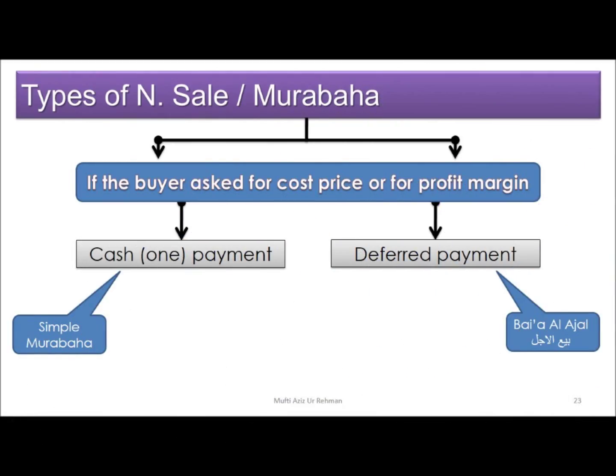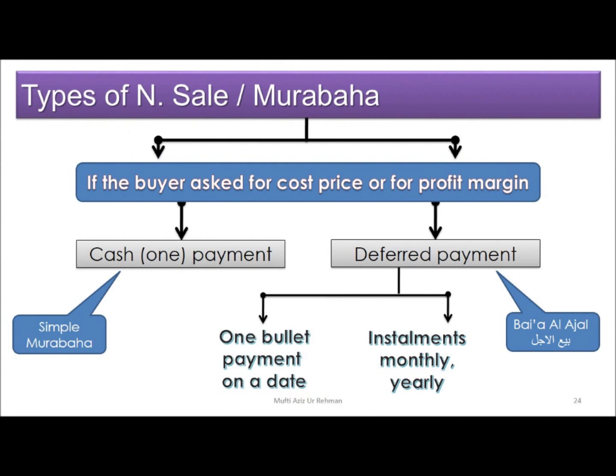So if the price is deferred, the payment is deferred, goods on spot, what is this called? Bay' al-ajal. Now this Bay' al-ajal, payment of price may be one bullet payment, or installments, monthly, weekly, yearly, quarterly, whatever it is. But if the price is paid on spot in cash, one payment, this is simple Murabaha, there is nothing else.